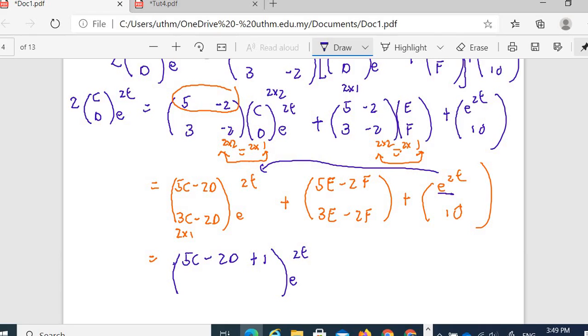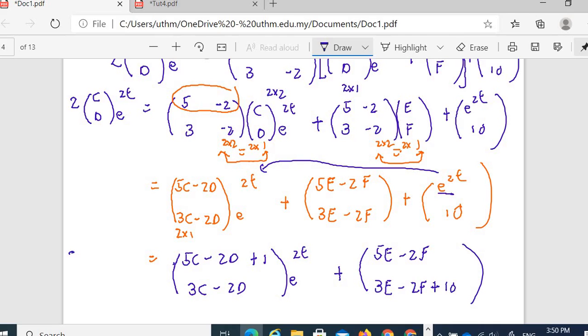Second row, this is constant, so it doesn't have any changes: 3c minus 2d. This is a constant vector, 5e minus 2f. First row, the exponent 2t is already collected here, plus 1. 3e minus 2f, collect with this 10, so plus 10.